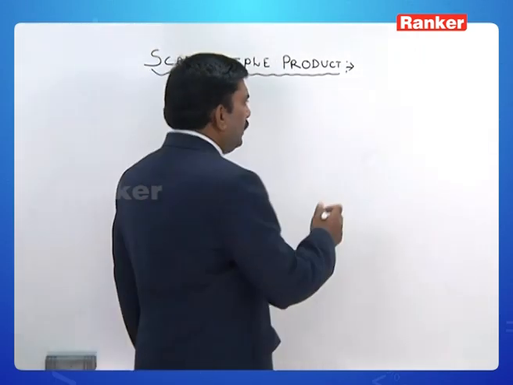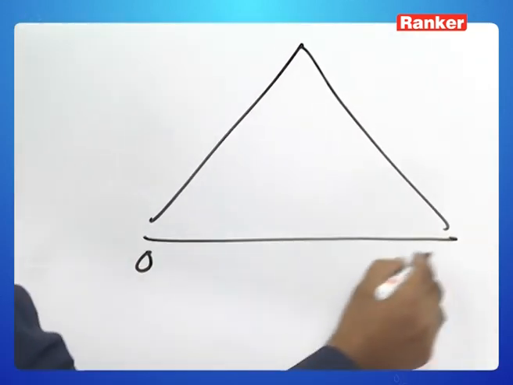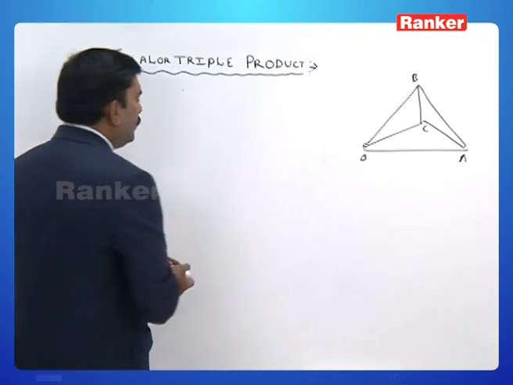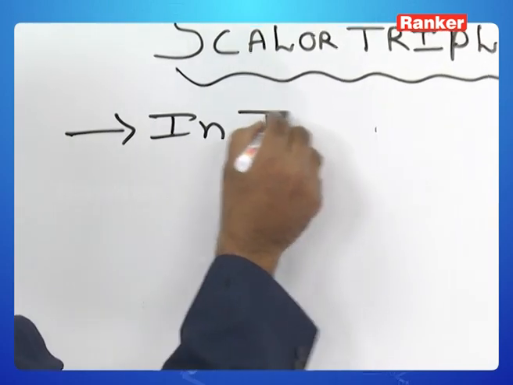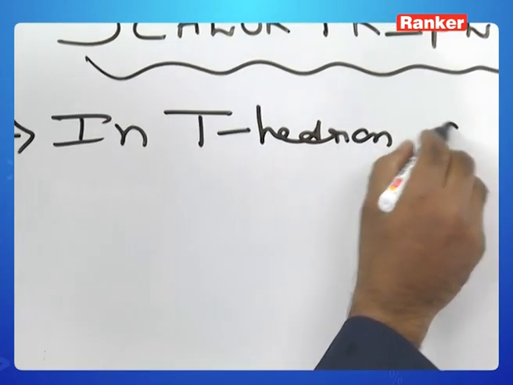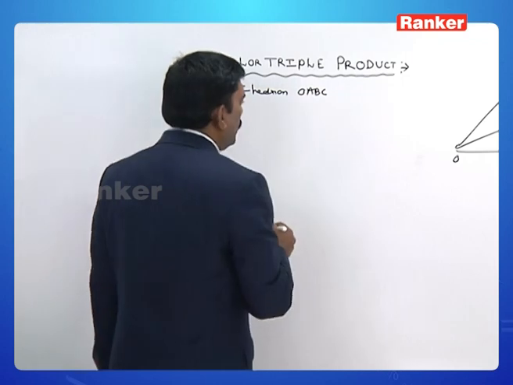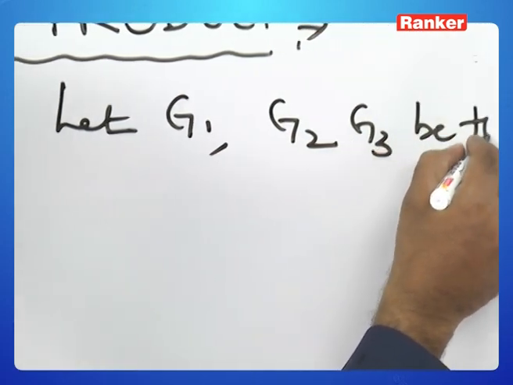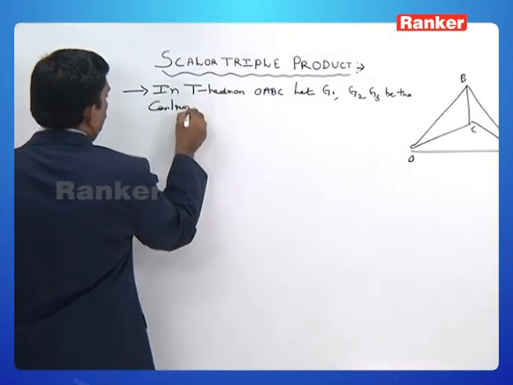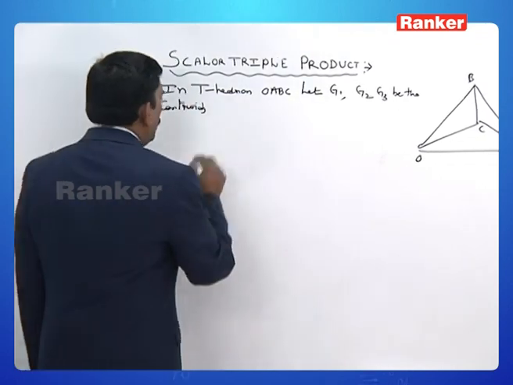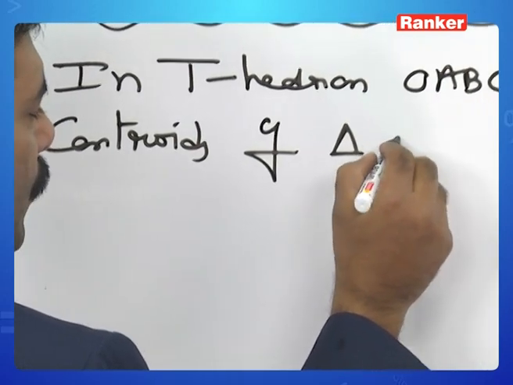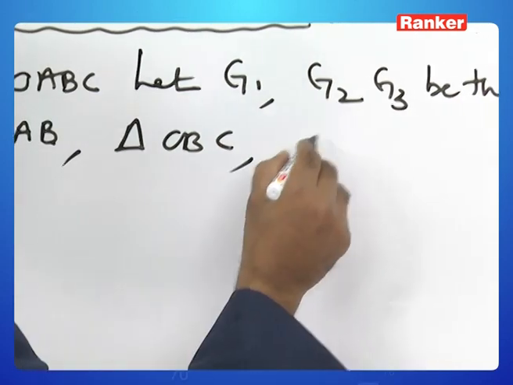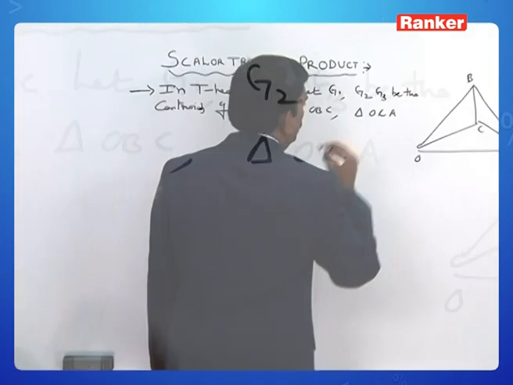In a tetrahedron, this is O, A, this is C. Now, the problem is: in a tetrahedron OABC, let Z1, Z2, Z3 be the centroids of the triangles OAB, next OBC, next triangle OAC or OCA, respectively.